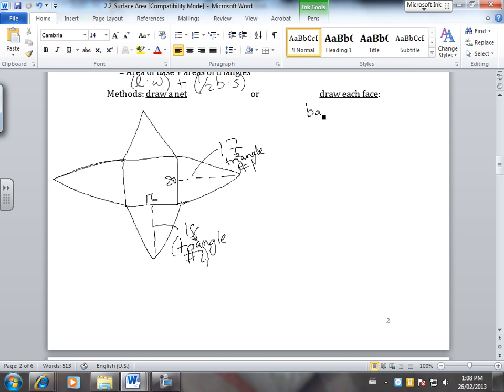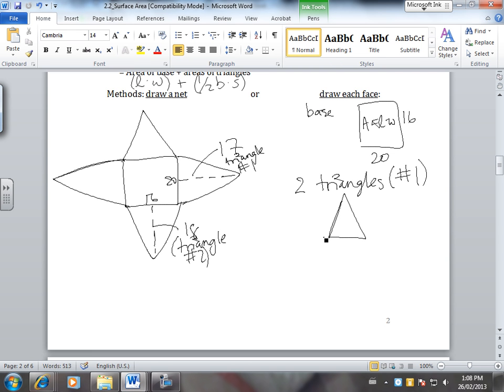So we can draw the base, which is just a rectangle, and the area equals length times width. We're going to have 2 triangles, and we'll do number 1. Our number 1 triangle has a base of 20 and a slant height of 17.